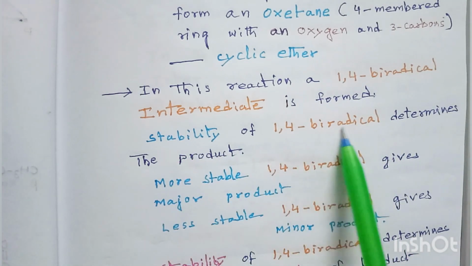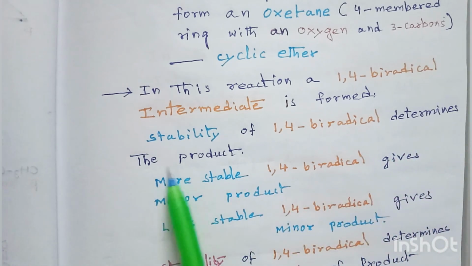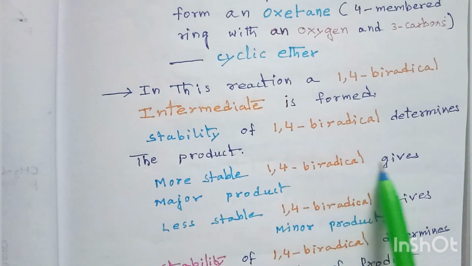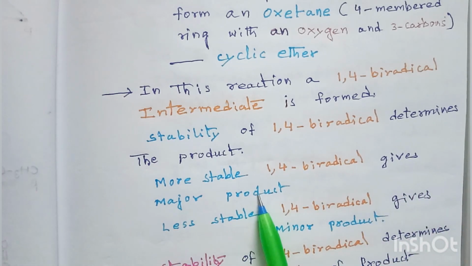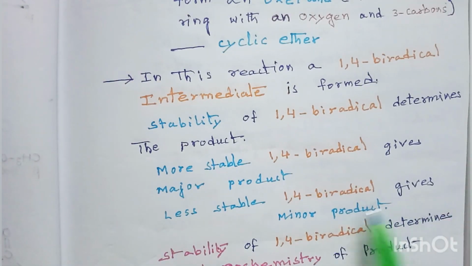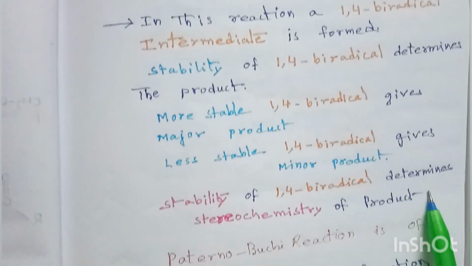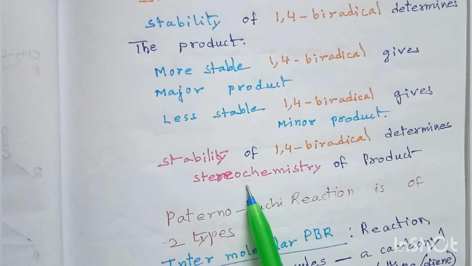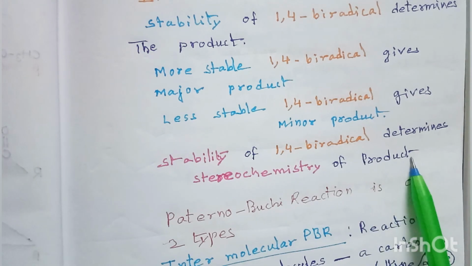Stability of the 1,4 biradical intermediate determines the product. More stable 1,4 biradical gives the major product, whereas less stable 1,4 biradical gives the minor product. Stability of the 1,4 biradical also determines the stereochemistry of the product.